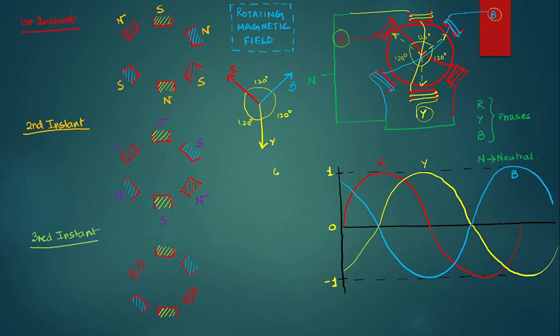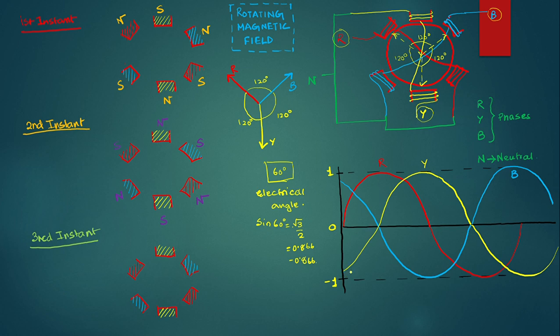So electrically they are 60 degrees apart. Sine 60 degrees is root 3 by 2, which is nearly 0.8-something, near to 1. And sine of negative 60 is also near to minus 1. It is 0.866, as far as I remember.